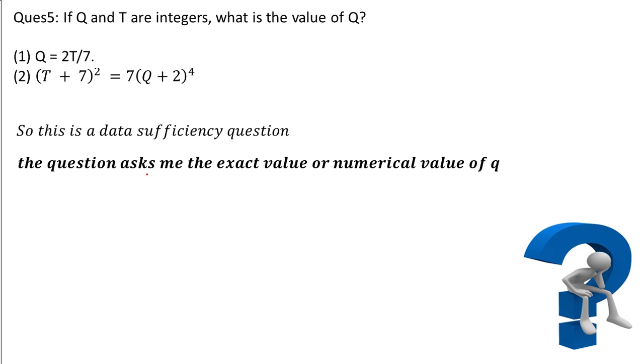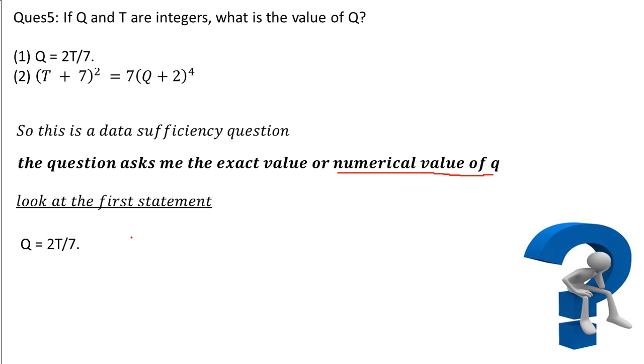The question asks me for the exact numerical value of q. So I need to tell what is the value of q, the exact numerical value, not in terms of t or anything else. Look at the first statement. It tells me q is equal to 2t by 7. So the first statement gives me a link between t and q, but I cannot find the exact value of q.